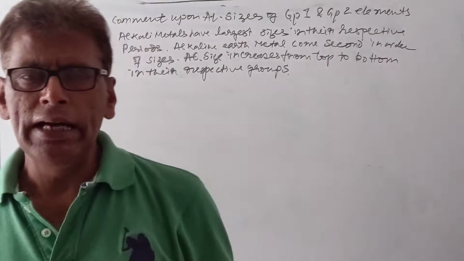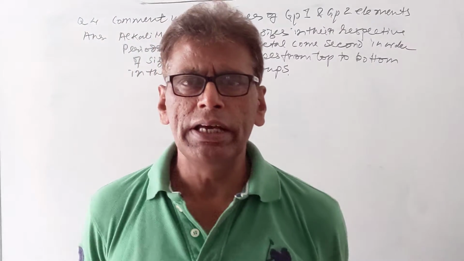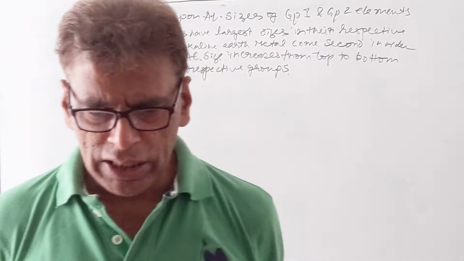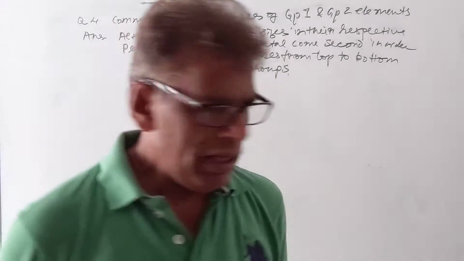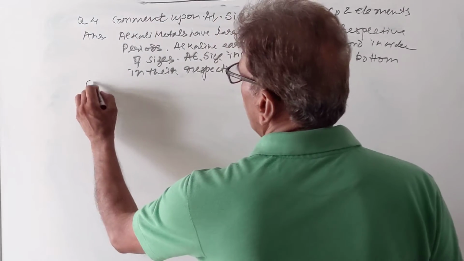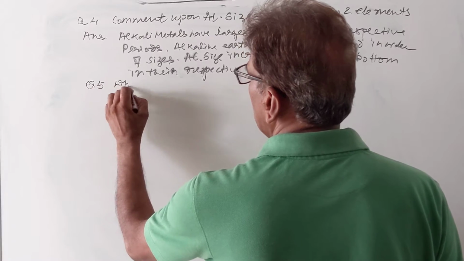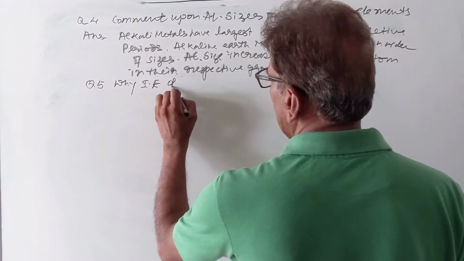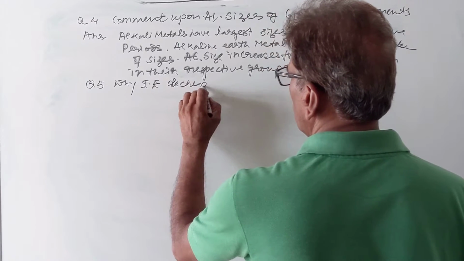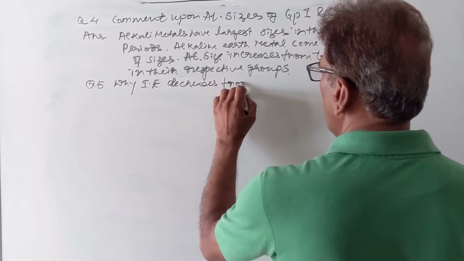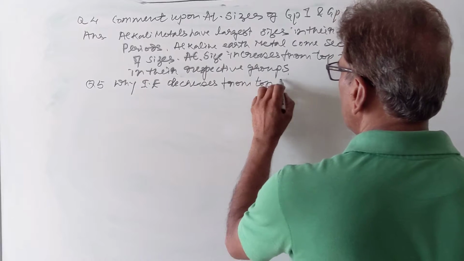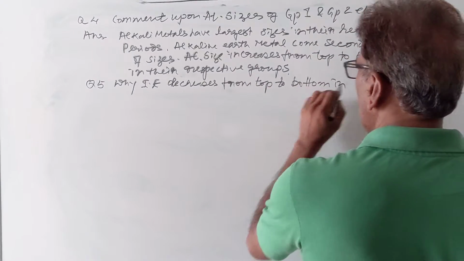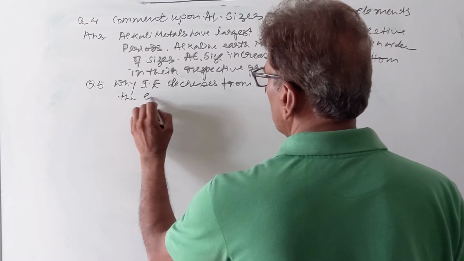The increase in size from top to bottom is due to increased number of shells and increased screening effect of the intervening electrons. Then we have: why does ionization enthalpy decrease from top to bottom in each group?